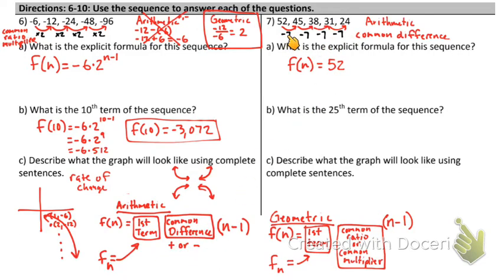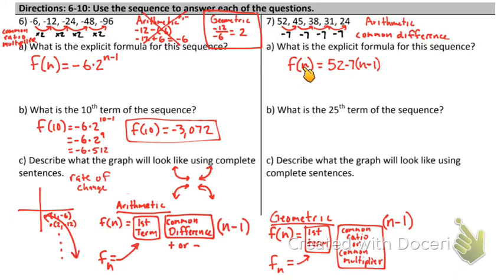I'm actually subtracting 7, so minus 7. And then it calls for parentheses and minus 1 with our common difference. So parentheses and minus 1. Okay, so this is actually the explicit formula here.